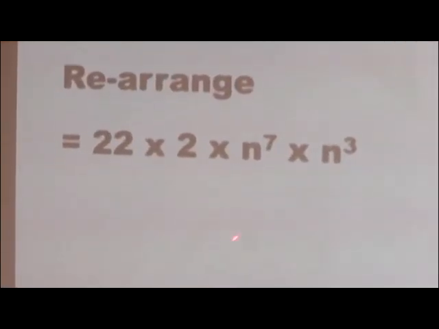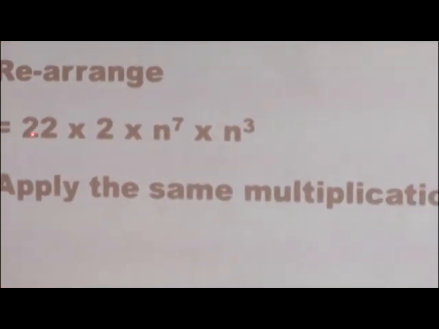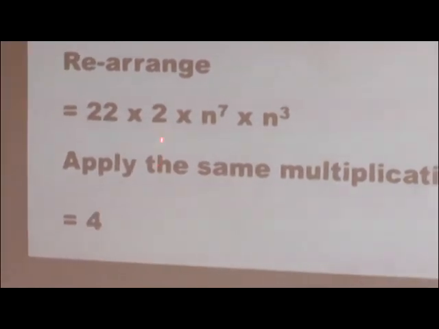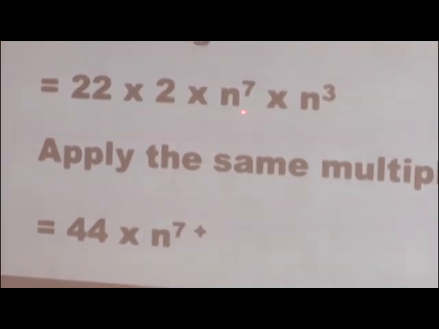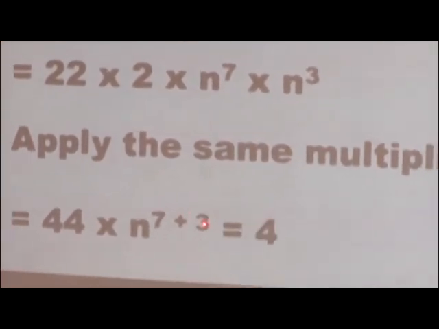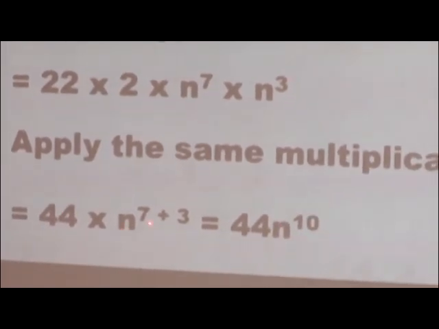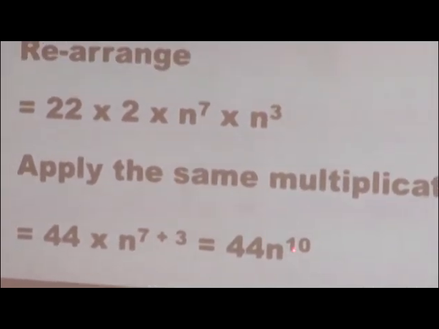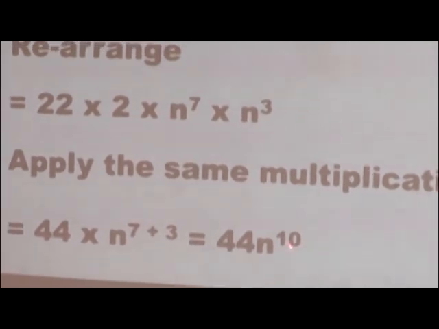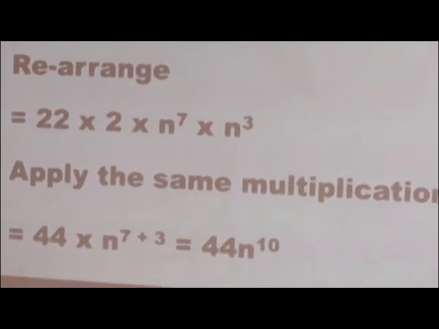For the numbers, we are going to multiply 22 by 2, which gives us 44, times n raised to the power of 7 plus 3. This 7 plus 3 is going to give us 10, so we have 44n raised to the power of 10. The solution of the second question is a bit different from the first one. You should have that in mind.